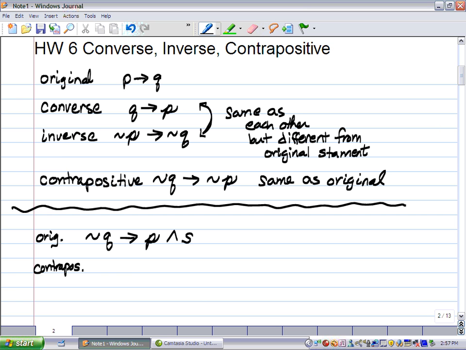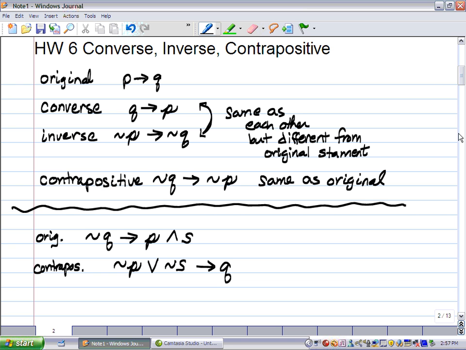So when P and S changes to its opposite, remember that's not P or not S. So the and has to also change to an or. The not Q is going to move to the end, and it's going to become its opposite. So it's going to become Q. Remember to focus on the position and not the particular letters. Whatever's in the front is going to move to the end and switch to its opposite, and whatever's at the end is going to switch to the beginning and become its opposite for the contrapositive.